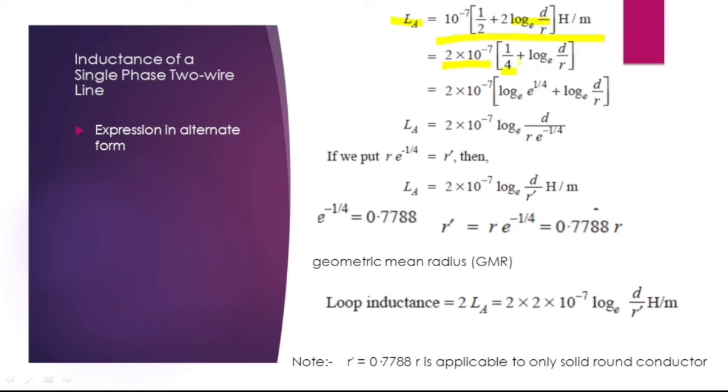Observe clearly that I am writing this 1 by 4 term as log of e to the power of 1 by 4 base c. I am simply writing this 1 by 4 as this one.